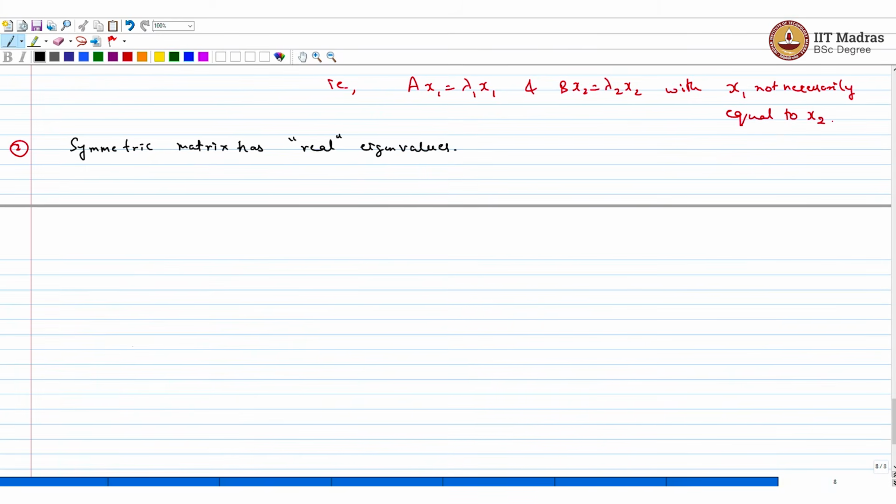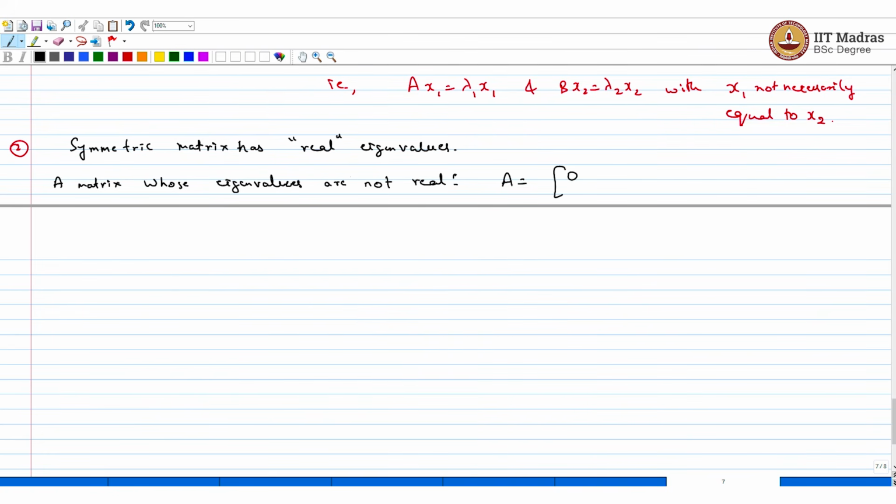Here is a matrix whose eigenvalues are not real. So, pause again and think about such a matrix.